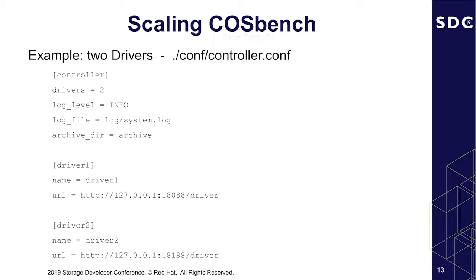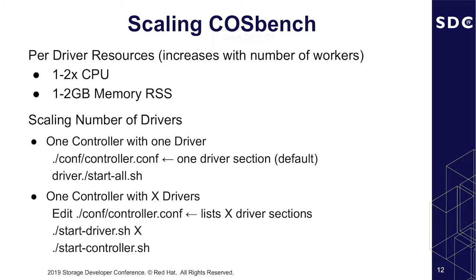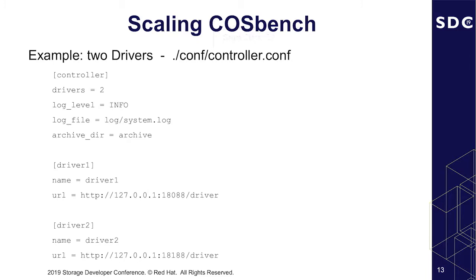So when you use CosBench to start driver.sh with two, it starts two separate driver processes and offsets the port count by 100. So you could do 3, 4, whatever. You need to manually edit the controller.conf so that the controller is aware of the IP addresses and the port numbers where each of those drivers reside.